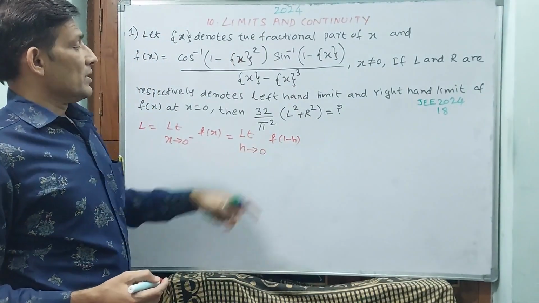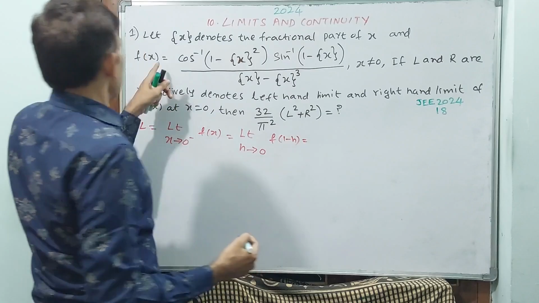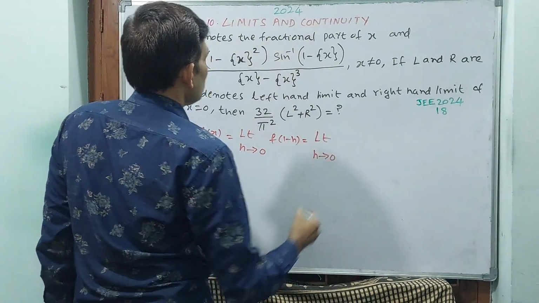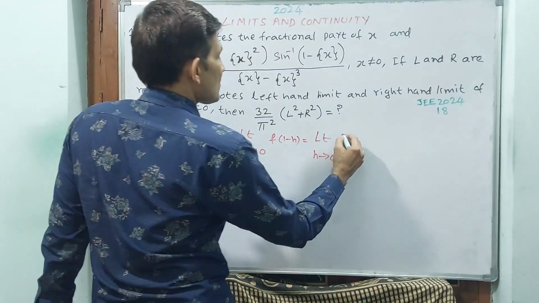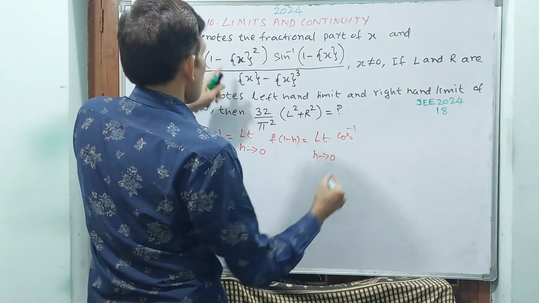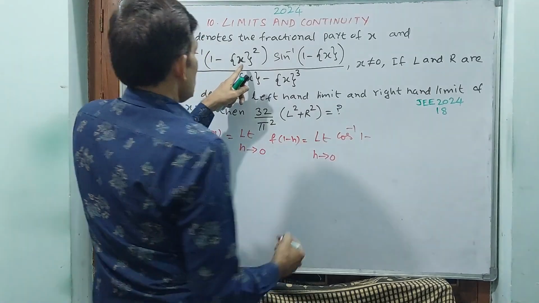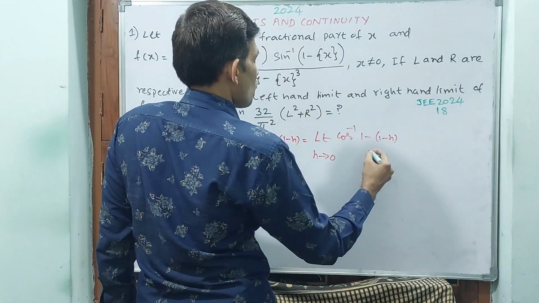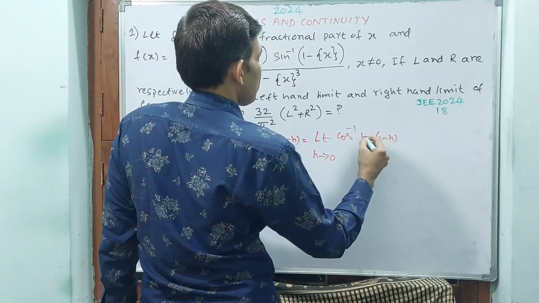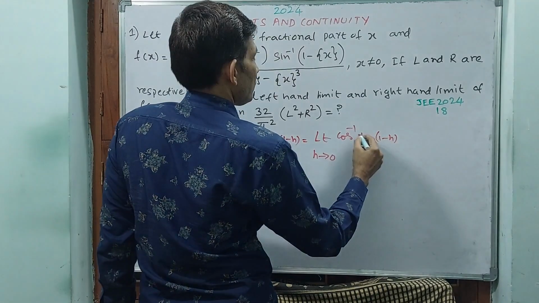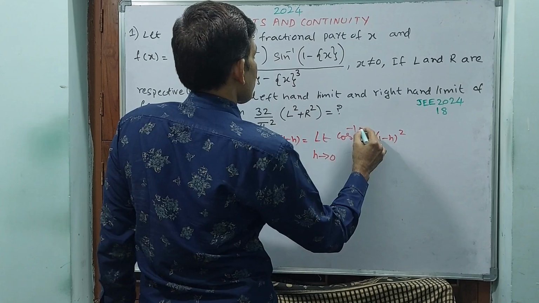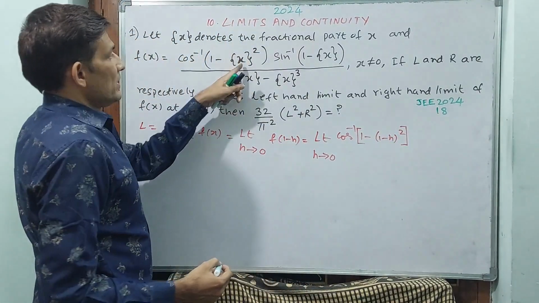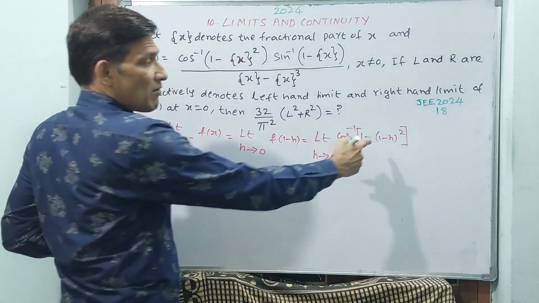That is equal to the limit h tends to 0 of cos inverse of 1 minus, and I am replacing with 1 minus h, whole square. We have replaced it for the left hand limit.